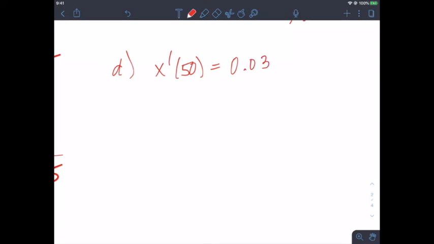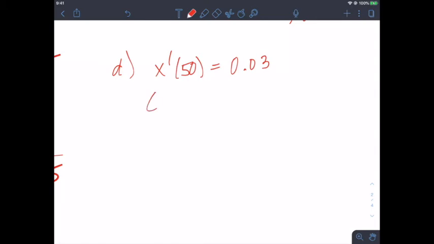According to this model, what is the rate of change of the height of the tree with respect to time in meters per year at the time when the tree is 50 meters tall? So I want to figure out the rate of change of the height.